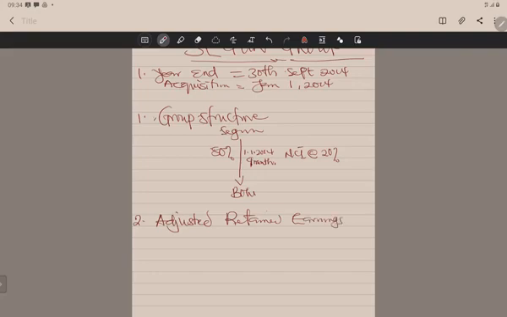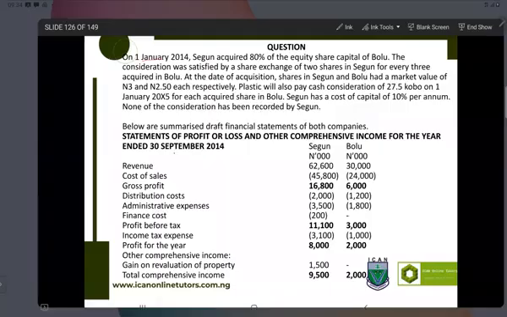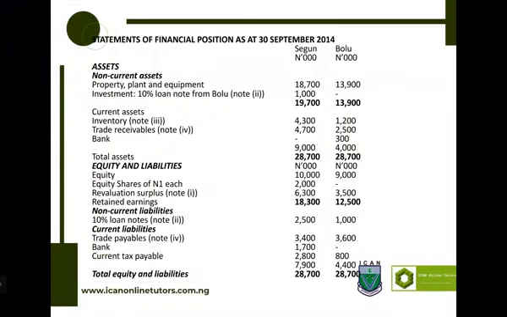Look for the retained earnings in the SOFP. Bolu, retained earnings is 3,500.